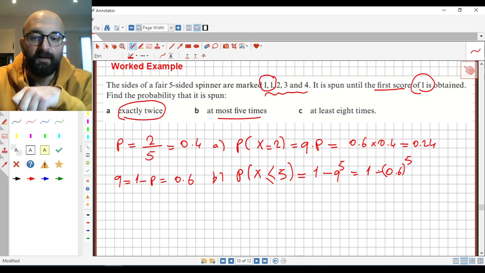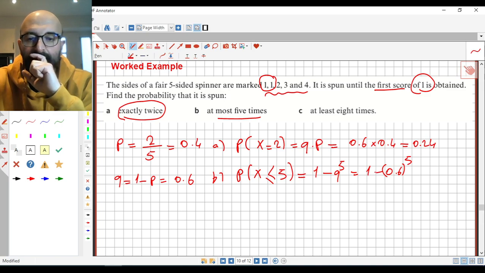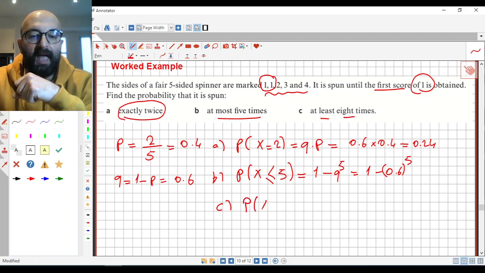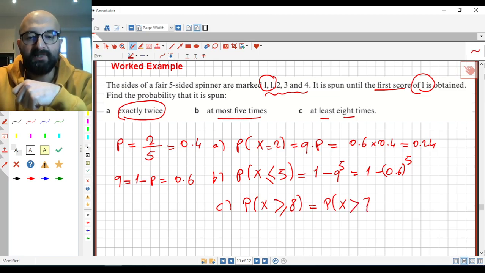Okay, and C, at least 8 times. At least 8 times means X greater than or equal to 8, and we can say the probability of X greater than 7.